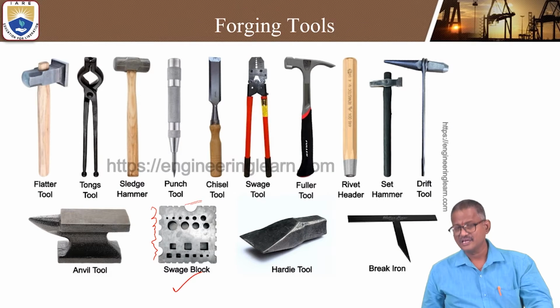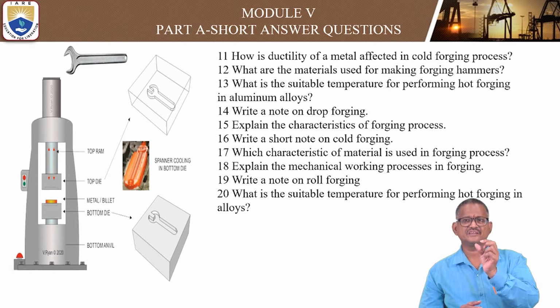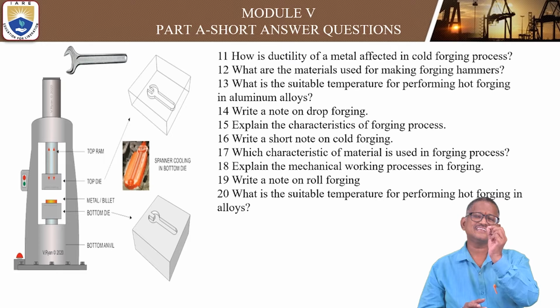Even you can see another important set of questions in the metal forging process. Here, how is the ductility of a metal affected in the cold forging process? It is one interesting question. As you know, what is the difference between brittleness and ductility?